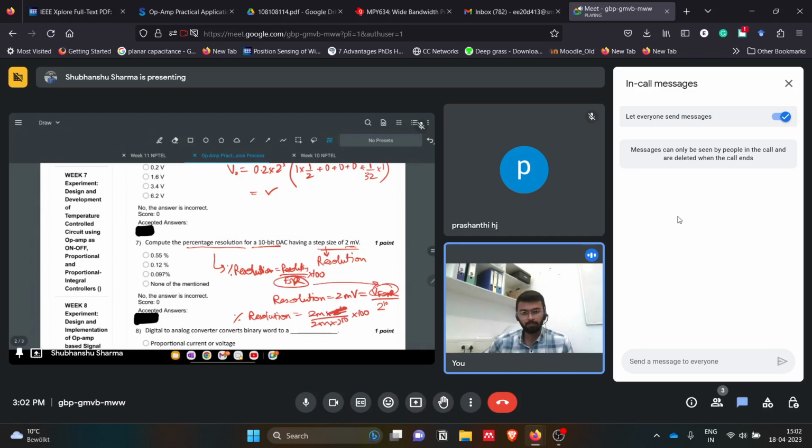So from this equation we have got the expression for VFSR, and we have used this VFSR in the percentage resolution formula. If you solve this you will get the answer.